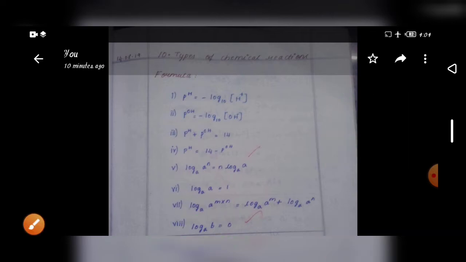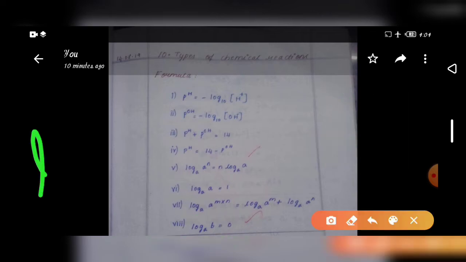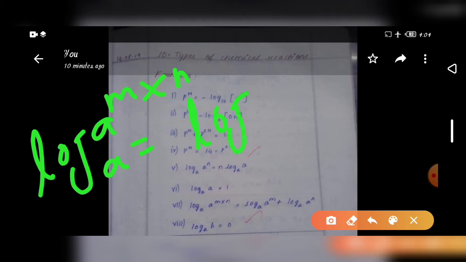You split this formula and write it like this. See here, log of A power m into n base A is equal to log of A power m base A plus log of A power n base A, which equals m into log of A base A. Like that you have to split and write.